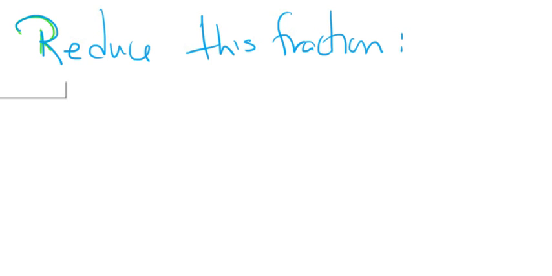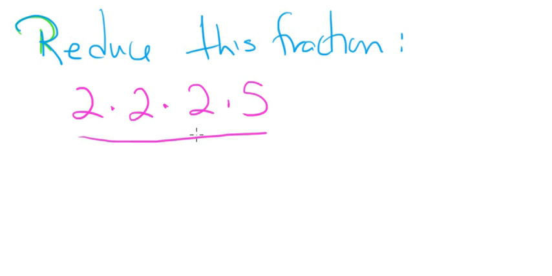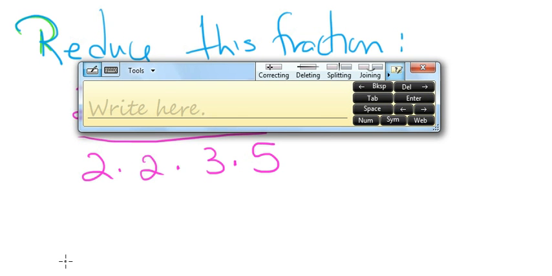And the fraction it wants us to reduce is 2 times 2 times 2 times 5 divided by 2 times 2 times 3 times 5. All right, so Skylar, how do I do this? What can I do here?